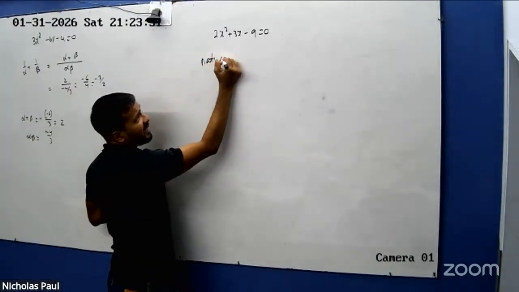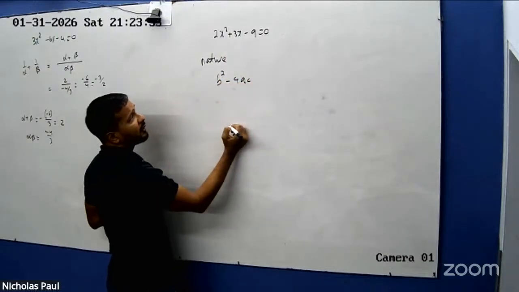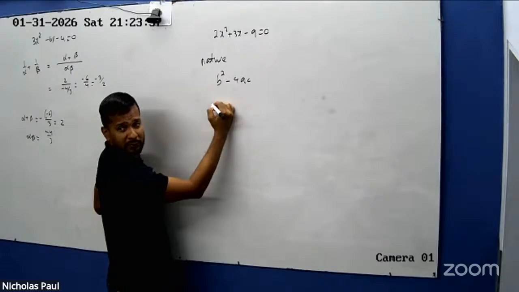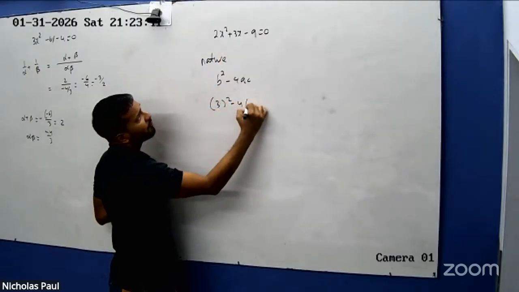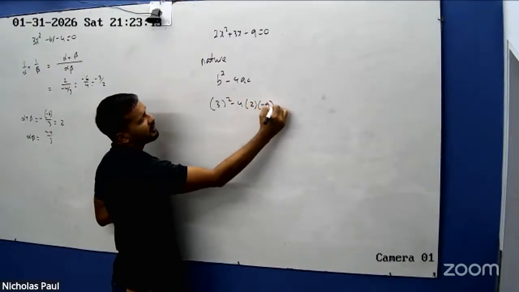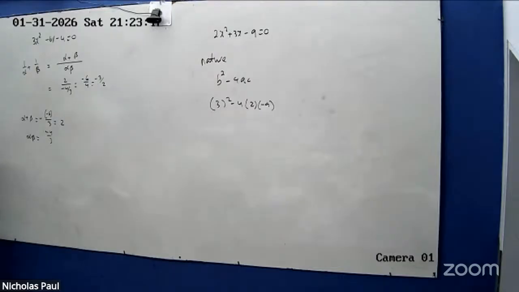So to get the nature, I just need to get b squared minus 4ac. Right? That's all. So b squared is 3 squared, minus 4ac. Oh, I made a mistake.